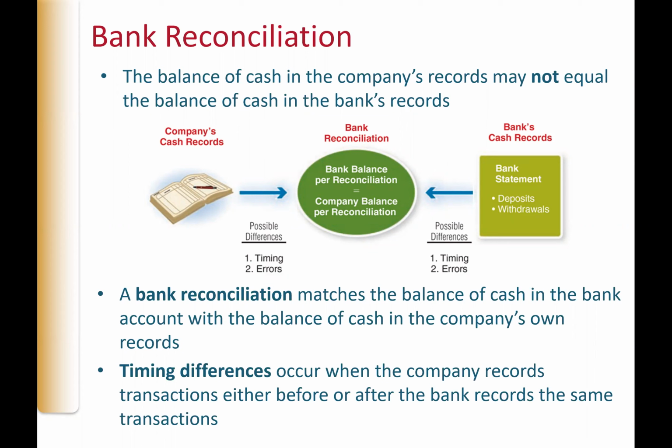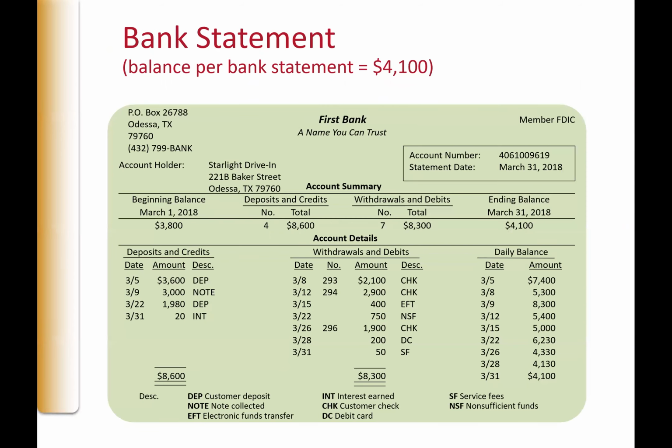Often, why they're different only has to do with timing. So the company may have items in their records that the bank does not yet have, or the bank may have items in the bank statement that the company has not yet recorded. It's all about timing.